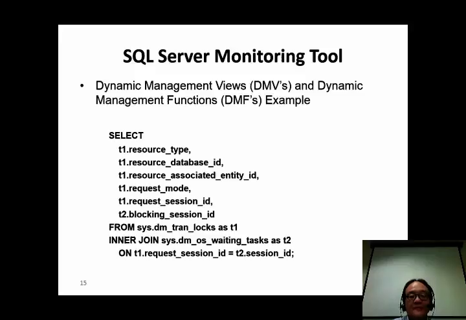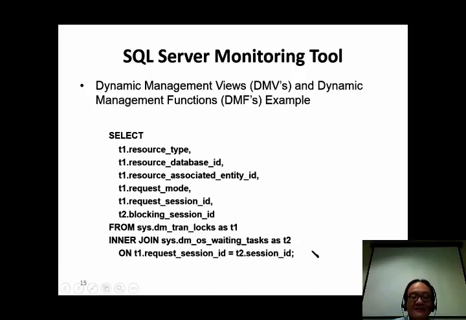This is an example of using dynamic management objects for monitoring and troubleshooting. We use two dynamic management views here. The first one is DM trend logs, and the second one is DM OS waiting text.